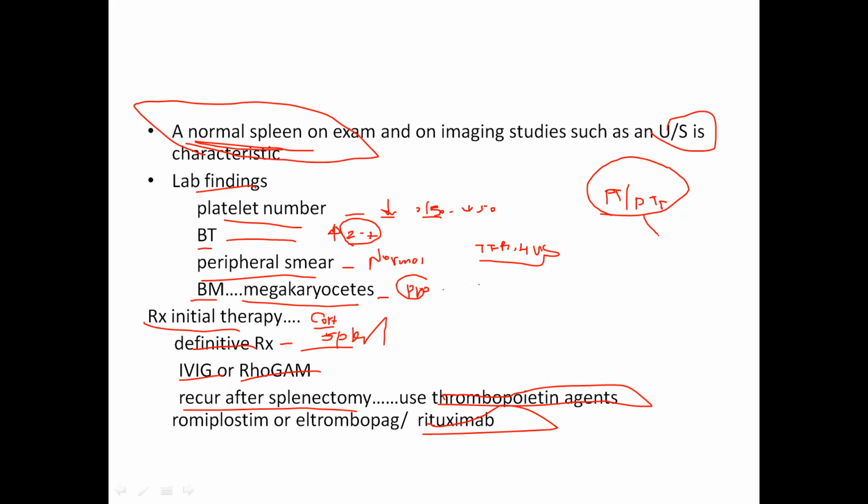So we don't go to the coagulation cascade. The problem is in the primary hemostasis, in the platelet. So the PTT is normal in ITP.